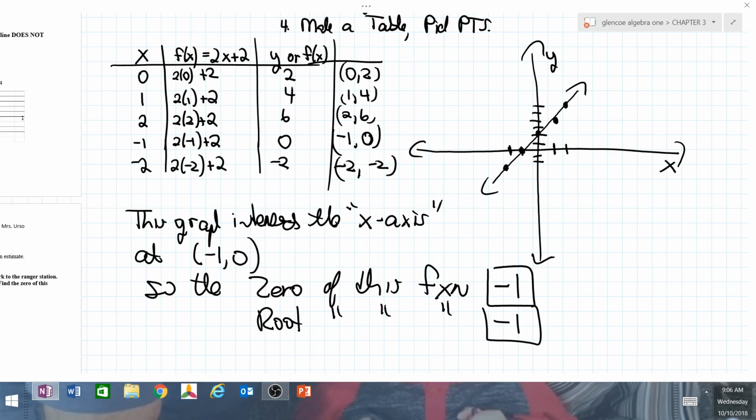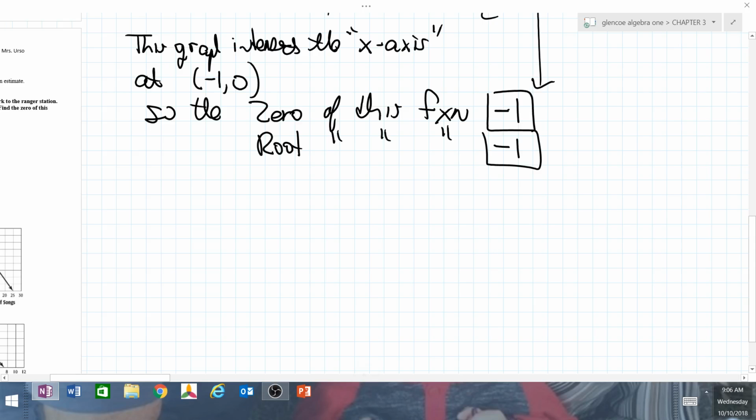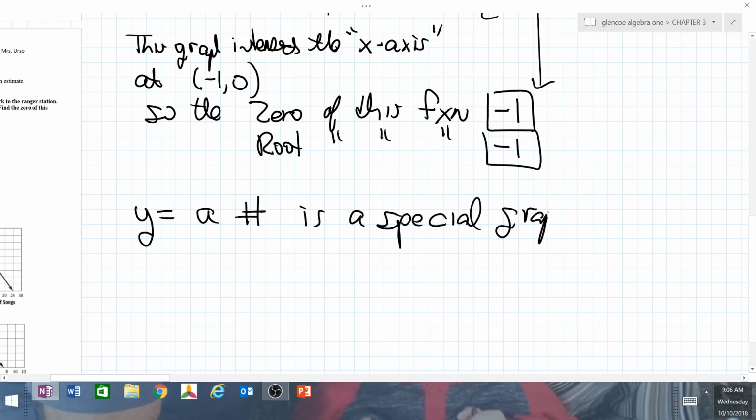Okay, I need to tell you one thing, and then I'm done. Remember, y equals a number is a special graph. It is a horizontal line.